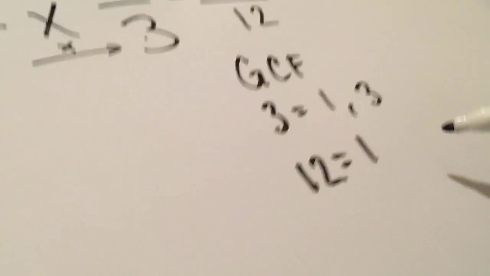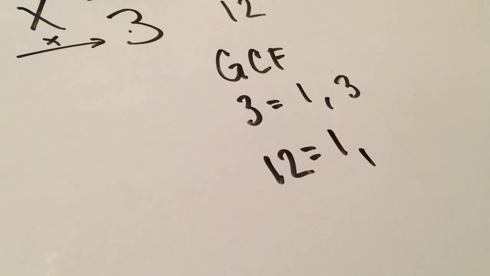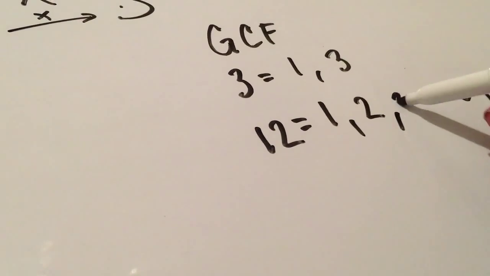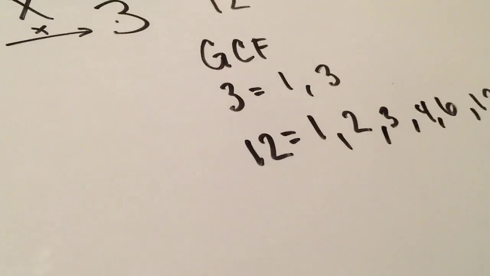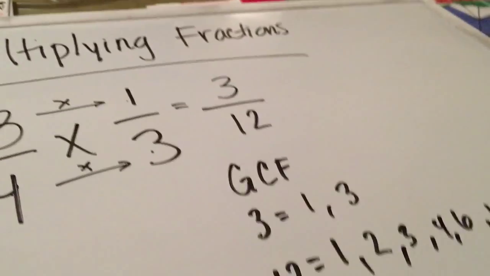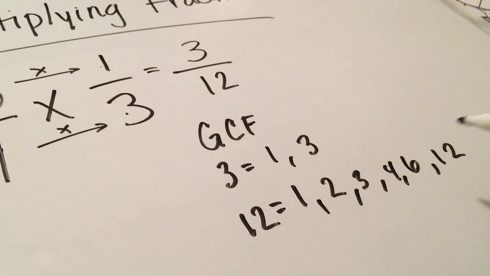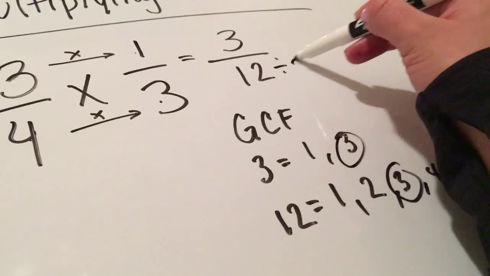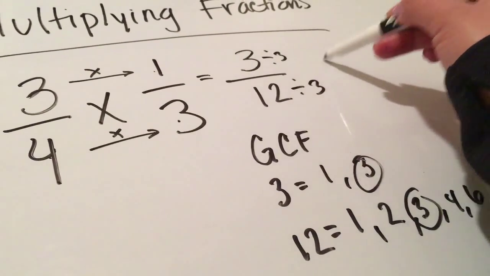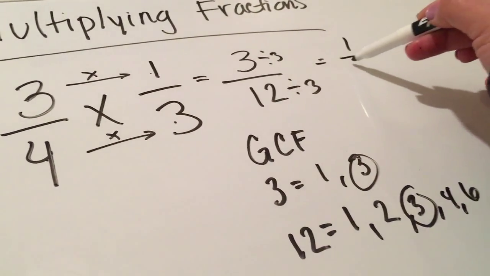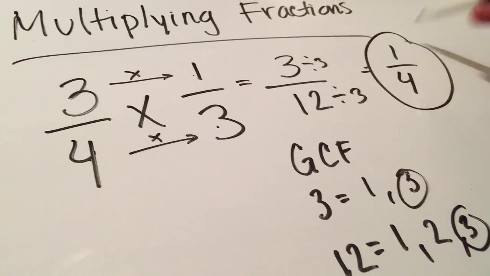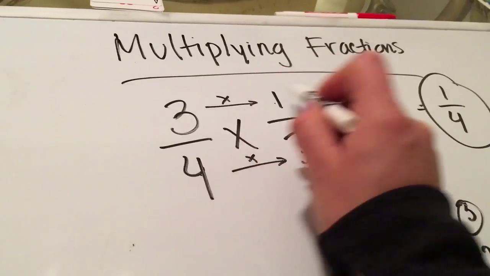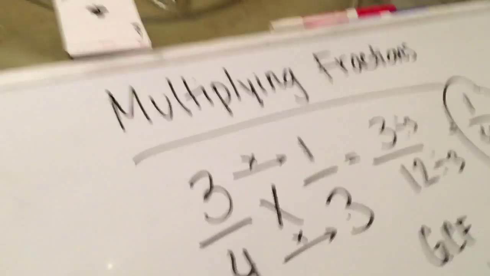And for 12, I have 1 and 12, and 2 and 6, and 3 and 4. So what is my greatest common factor? 3. So I would just divide by 3 and get my answer. So when we multiply, we do it across, okay? Okay.